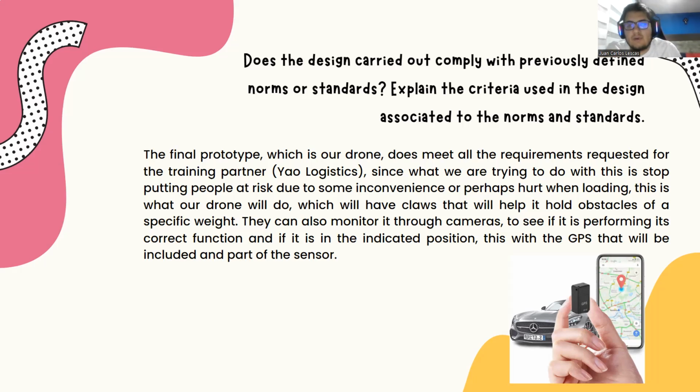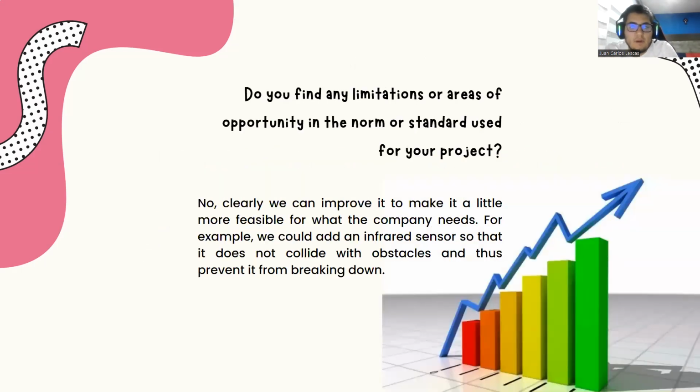What we are trying to do is stop putting people at risk due to some inconvenience or perhaps getting hurt when loading. This is what our drone will do, with claws that will help it hold objects of a specific weight. They can also monitor it through cameras to see if it is performing its correct function and if it is in the indicated position, with the GPS that will be included and part of the sensors.